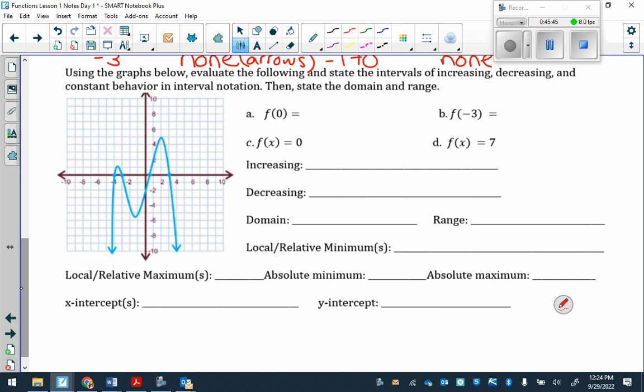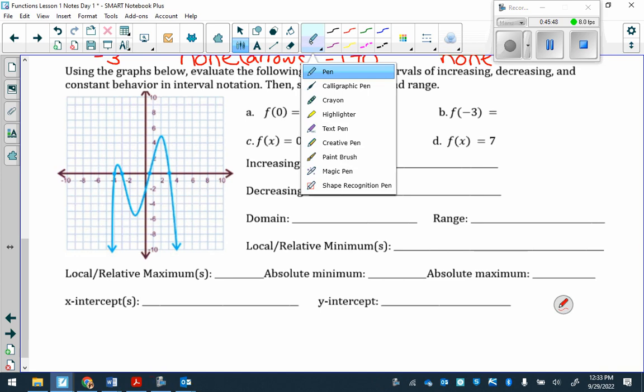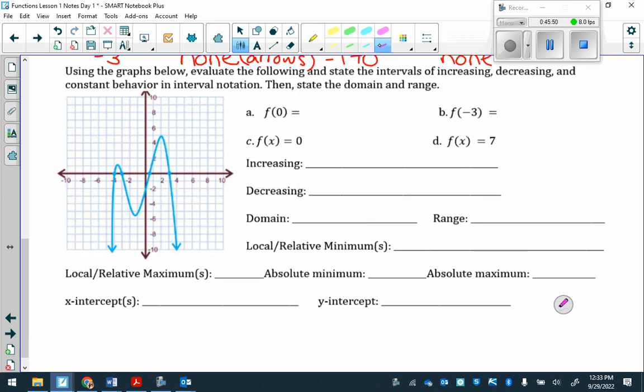Go ahead. Okay, so increasing from here to here. So it's not exactly on that -4, right? So if you said negative infinity to -3.5, -3.8 approximately, you're good.